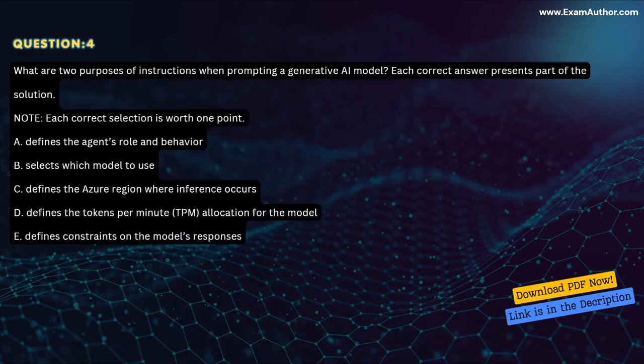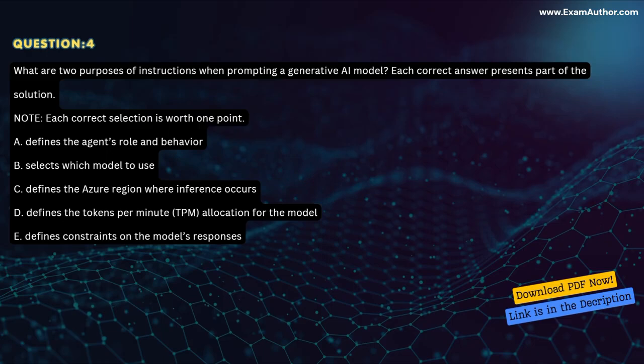Question 4. What are 2 purposes of instructions when prompting a generative AI model? Each correct answer presents part of the solution. Note: each correct selection is worth 1 point. A. Defines the agent's role and behavior. B. Selects which model to use. C. Defines the Azure region where inference occurs.